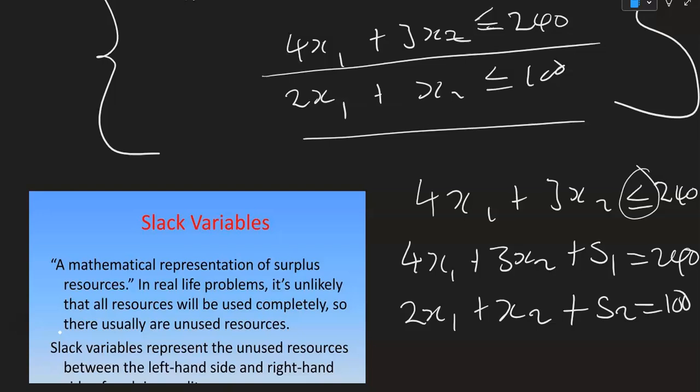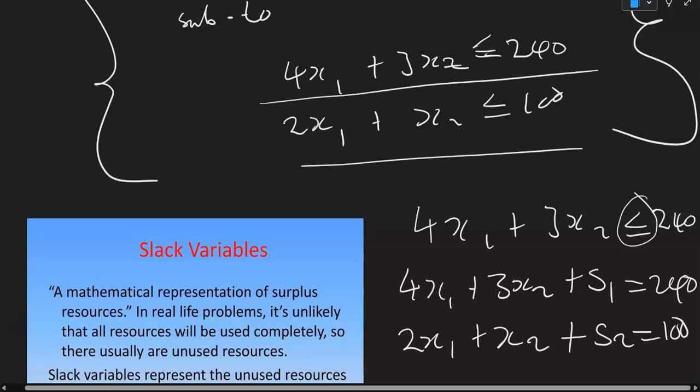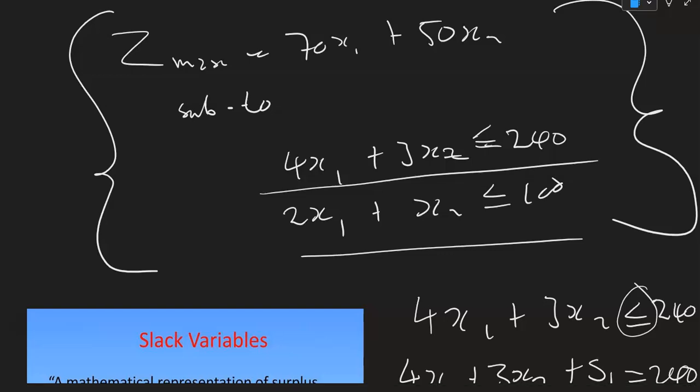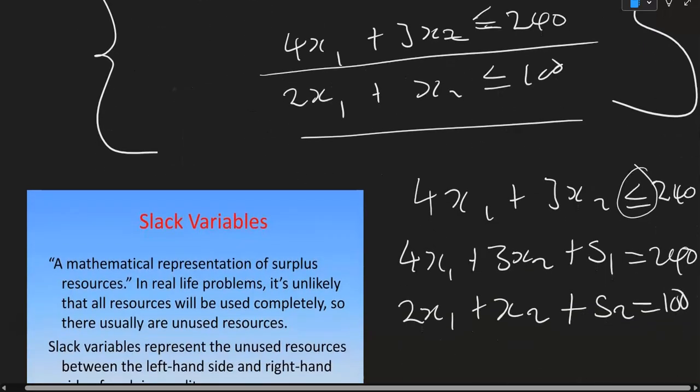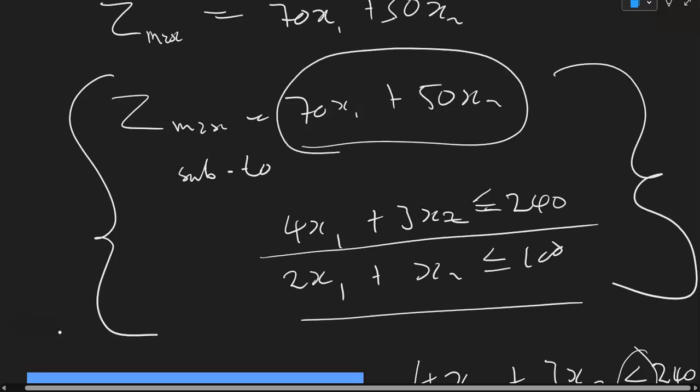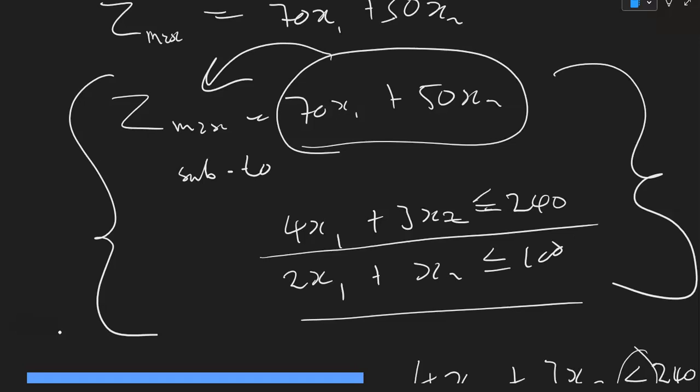Having introduced these two, we go to the objective function. For the objective function, the interest is not to introduce a slack variable, as it is not an equation telling you of the usage. It's about the profits. So what do you do to the objective function? You bring everything on the right hand side to the left hand side. On the left hand side you have z max.